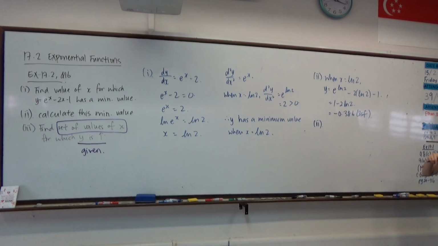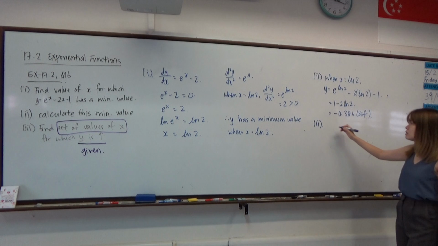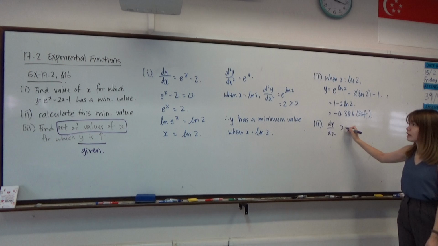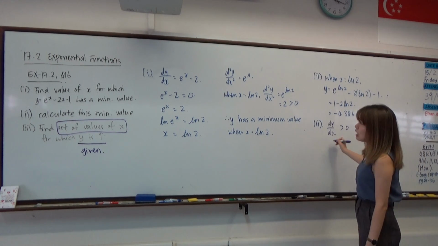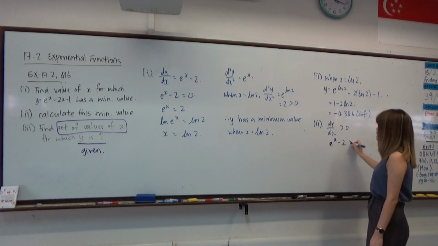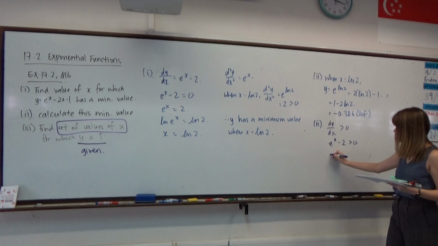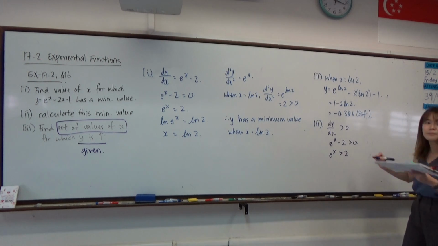Given that y is increasing, that means dy/dx will be more than 0. So e to the power of x minus 2 will have to be more than 0, which means e to the power of x will be more than 2.